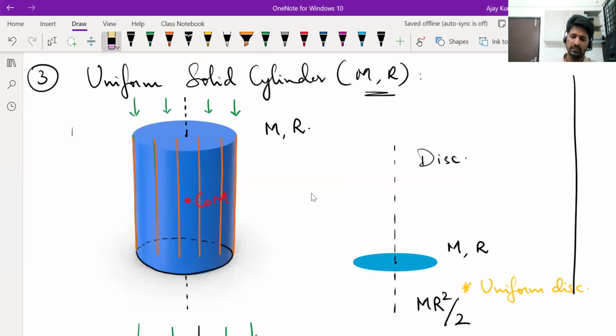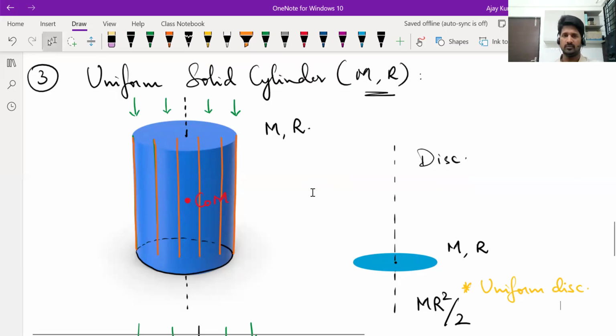Now you can't keep deriving the formula from the fundamentals about every axis that you need. So what we are going to do is, this moment of inertia about an axis passing through center of mass, which we have already derived, we will make use of this to derive moments of inertia about some other axis. For that, there is a theorem that we can use.